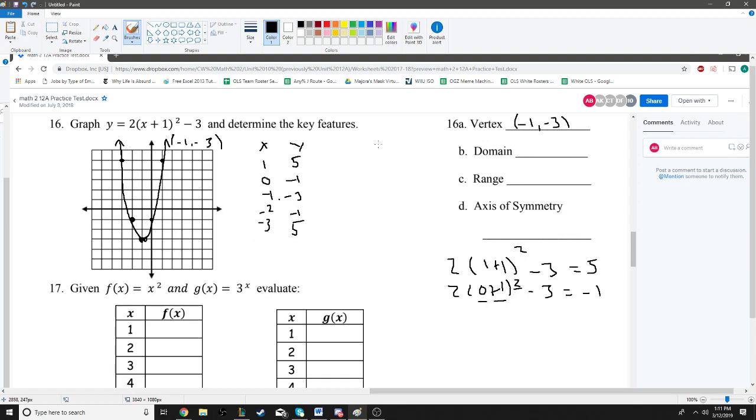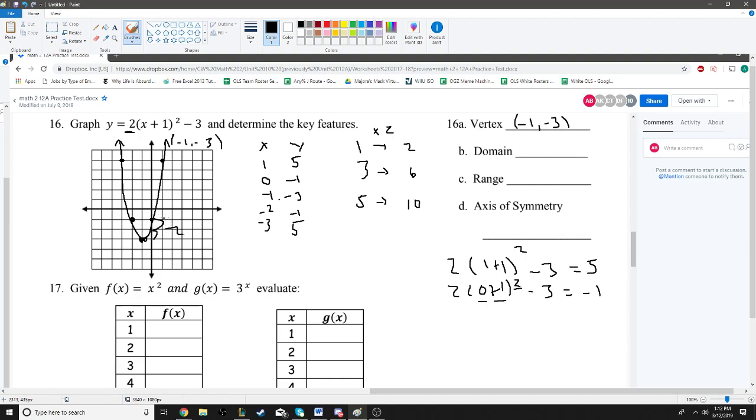The other way you could do this is using the 1, 3, 5 pattern. If you take the 1, 3, 5 pattern and you multiply it by the a value, that's the number in front of the parentheses, 2, you end up with a 2, 6, 10 pattern. So from your vertex, you just go right 1, up 2.